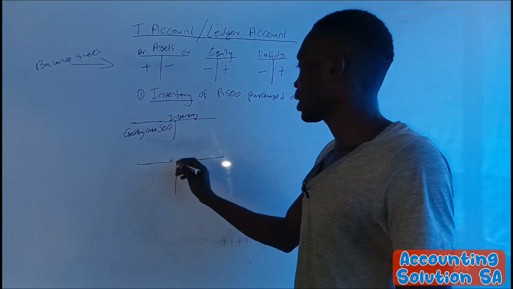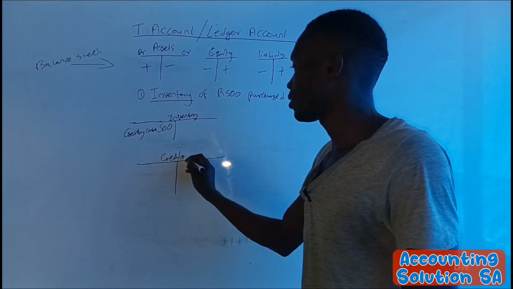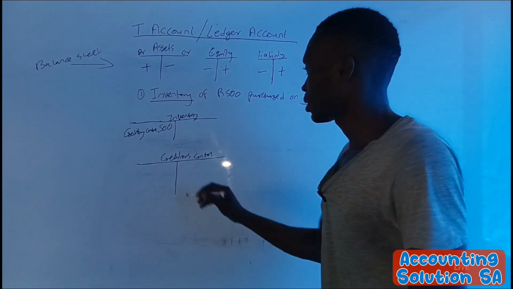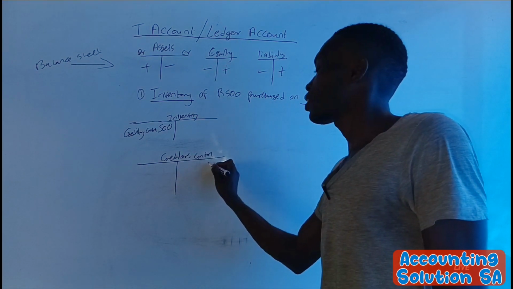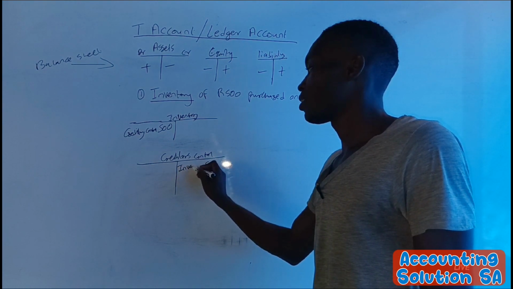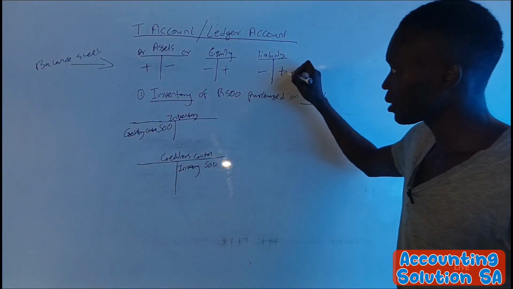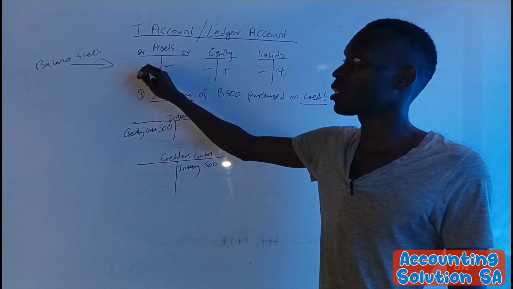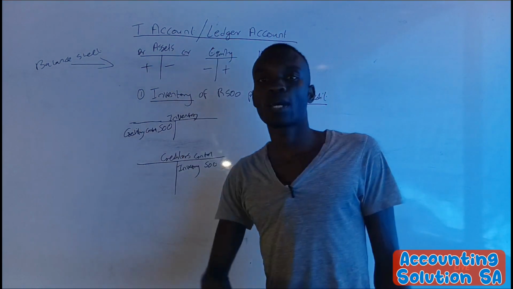Under creditors control, which is liability, our 500 must be recorded on the credit side, and we indicate that this is because of the inventory that we bought. Why this side? Because plus is on the credit side. Why this side? Because plus of assets is on the debit side.